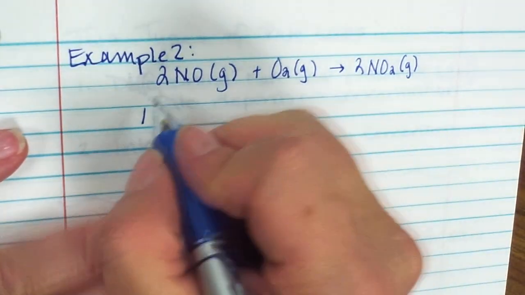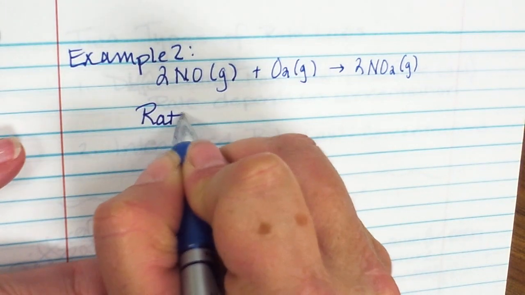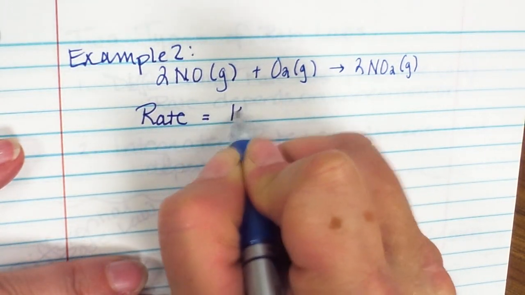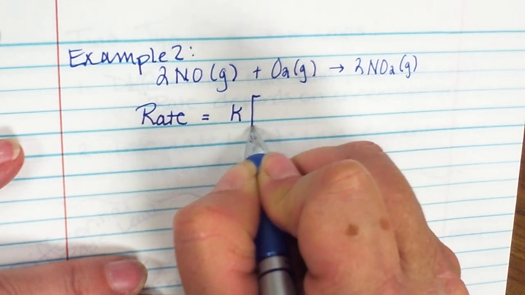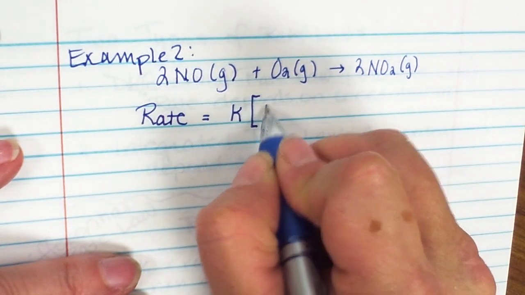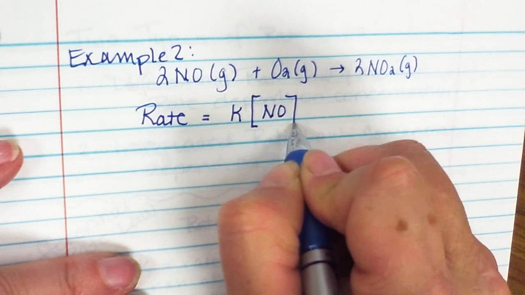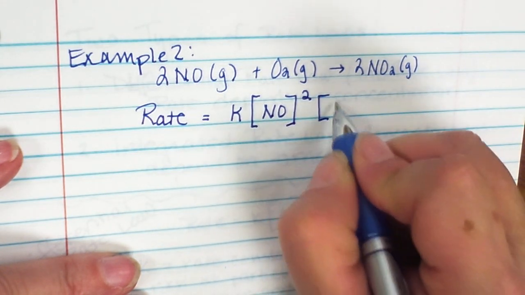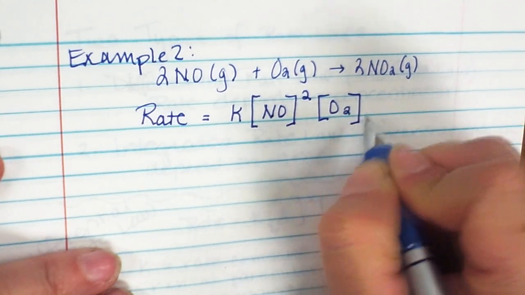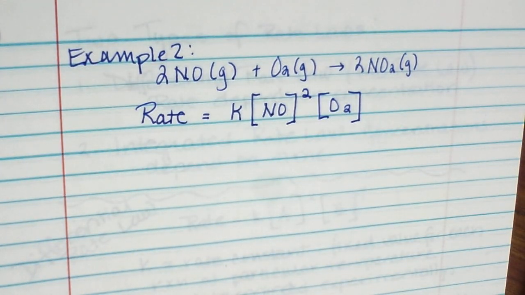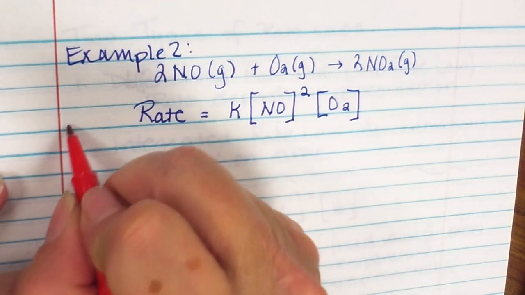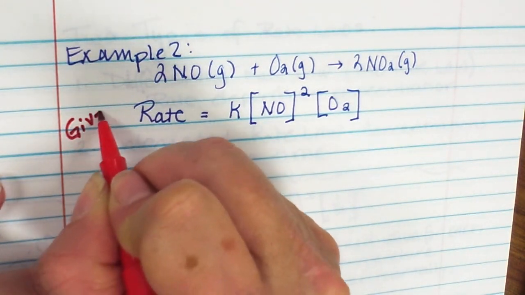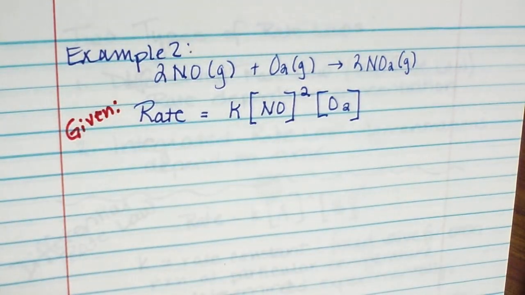So the rate is equal to K, there's my constant again, nitrogen monoxide squared, oxygen to the 1. Again, I am giving you this rate equation. It is given. There's no reason that you would know what it is. I am giving it to you.